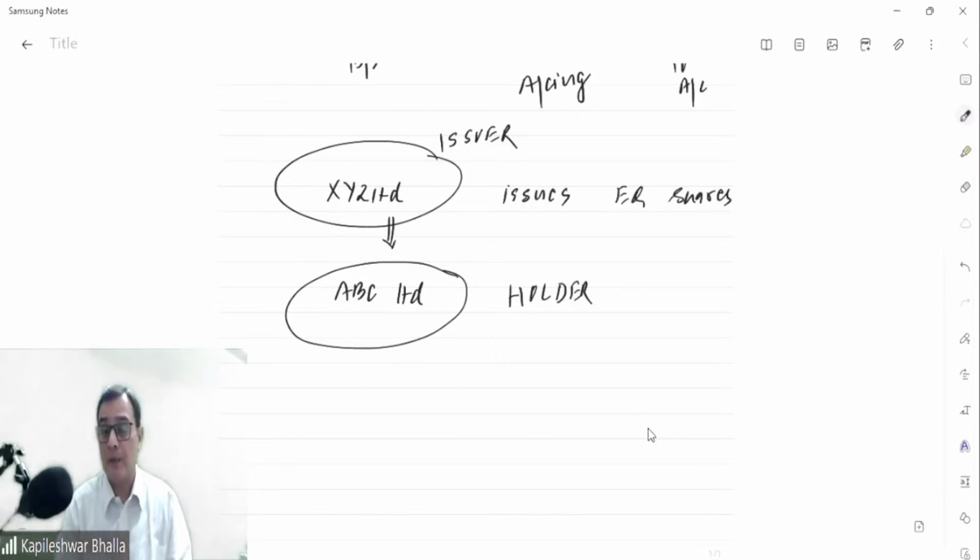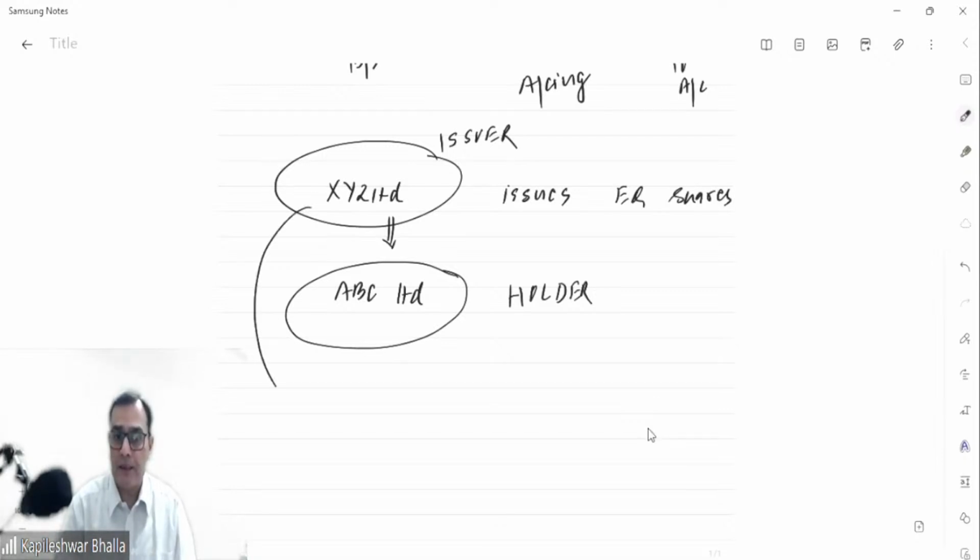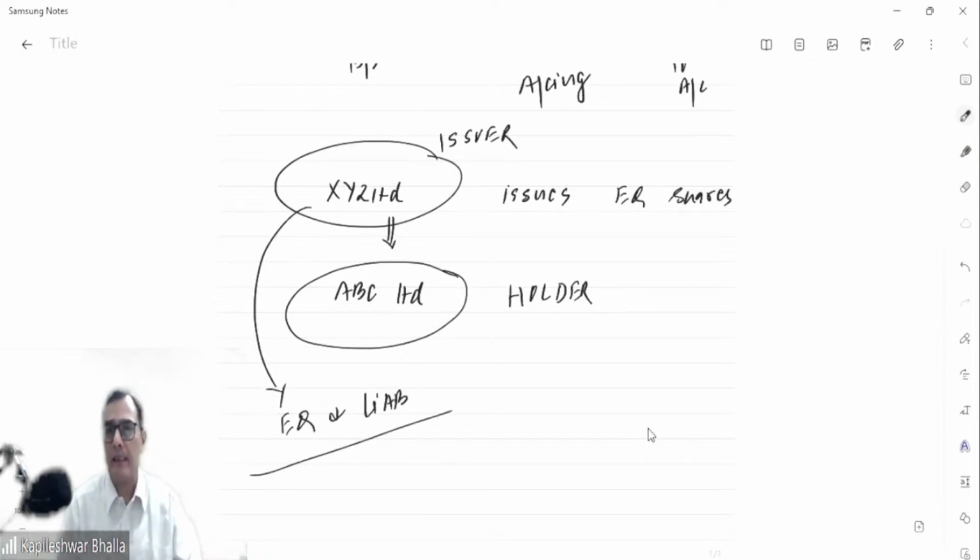Now, hear me very well. When I say that company XYZ issues an instrument, naturally, this instrument is going to be represented on the liability side of the balance sheet. You know that the liability side of the balance sheet is nicknamed equity and liability.